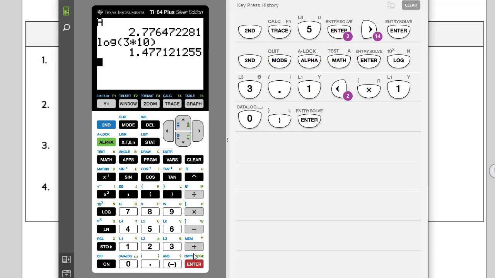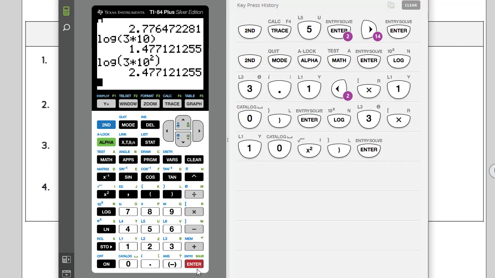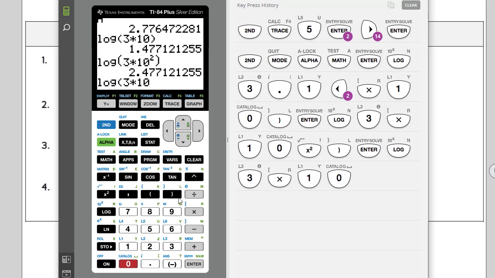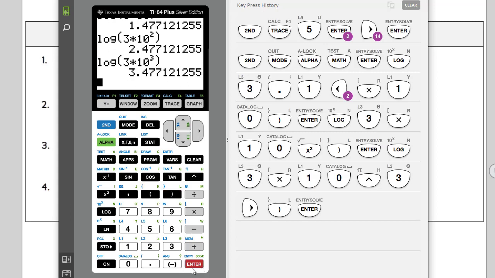We get 1.477. If we do log of 3 times 10 squared, we get 2.477. And if we do log of 3 times 10 cubed, we get 3.477. So we see a pattern there.